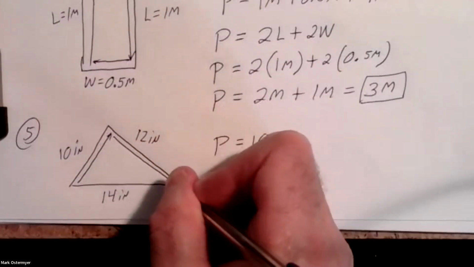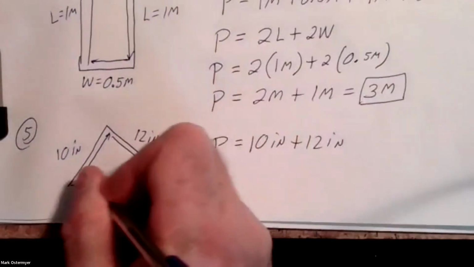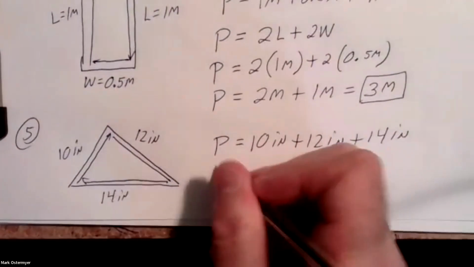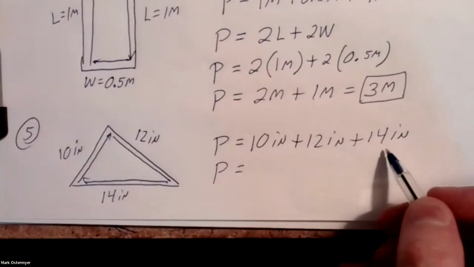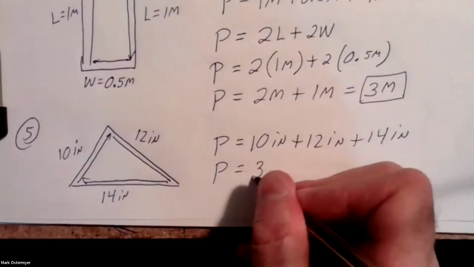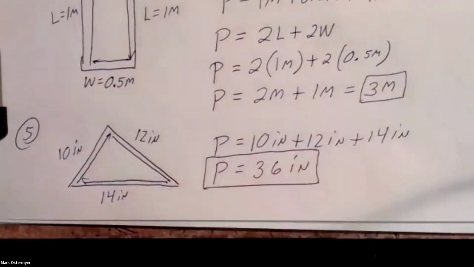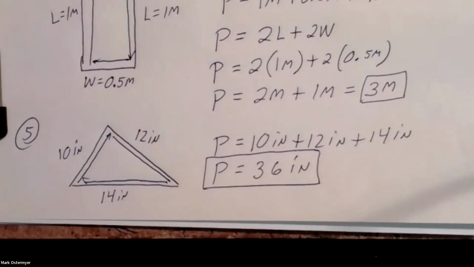Plus we walk from here to here, that's 12 inches. Plus we walk from here back to where we started, that's 14 more inches. So it turns out the perimeter of this triangle is going to be 36 inches. Do you agree? That's the perimeter. Any questions on how we're computing the perimeter of geometric shapes, total distance around?